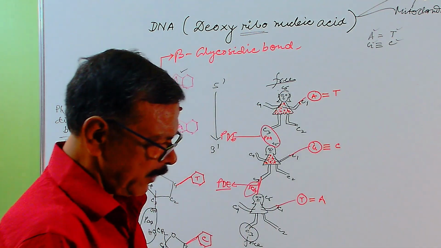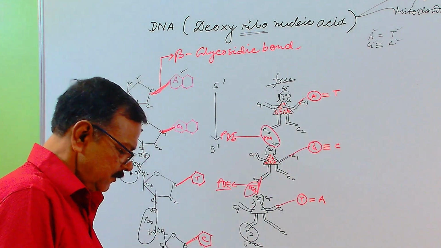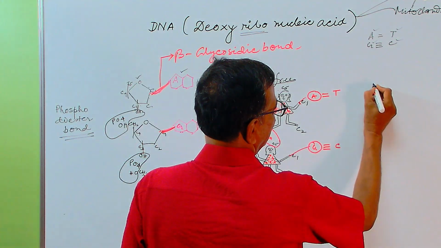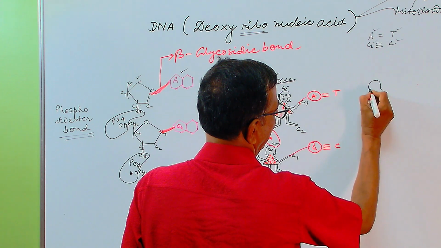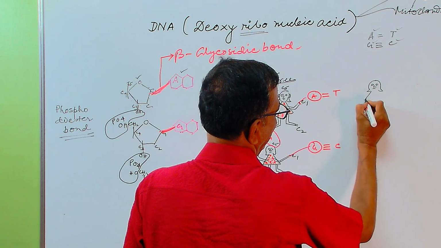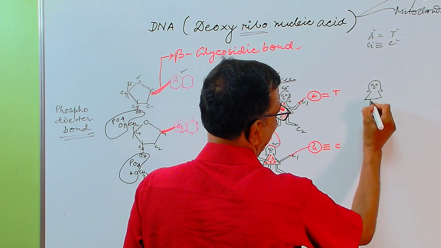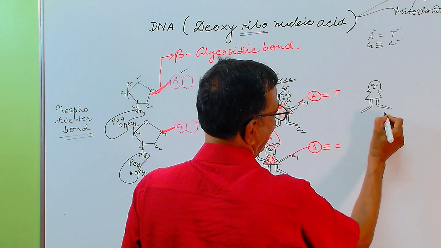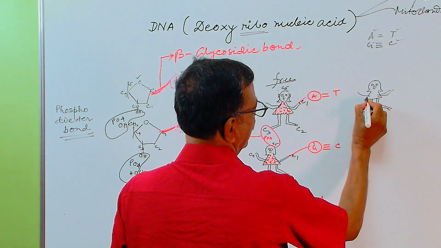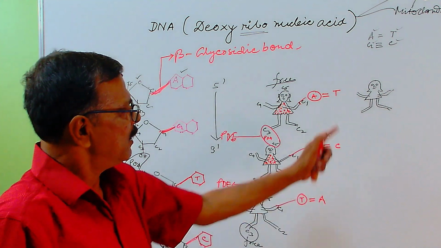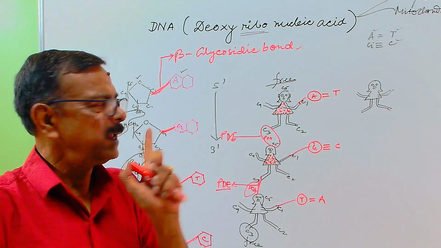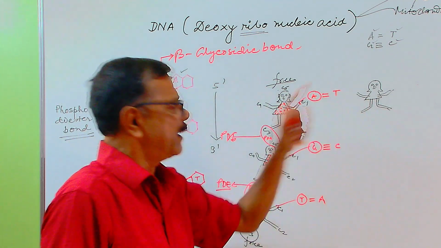Now, if you want to join this, okay, let me draw. It will join because this base will remain attached with the help of a glycosidic bond with the deoxyribose sugar.